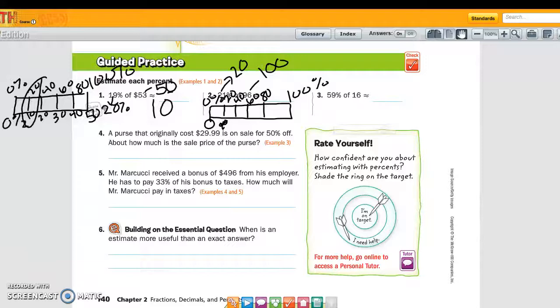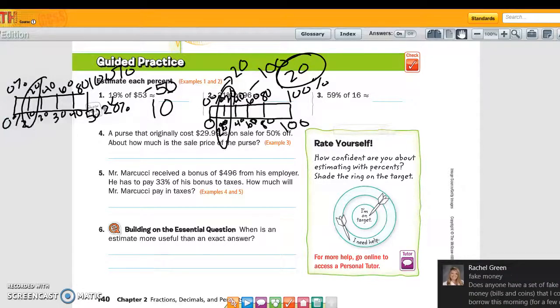And at 100%, we would be at 100. So we're going to be counting by the same thing. 20, 40, 60, 80. And since we want to find out at 20%, we are at 20. So our answer is 20 on that one.